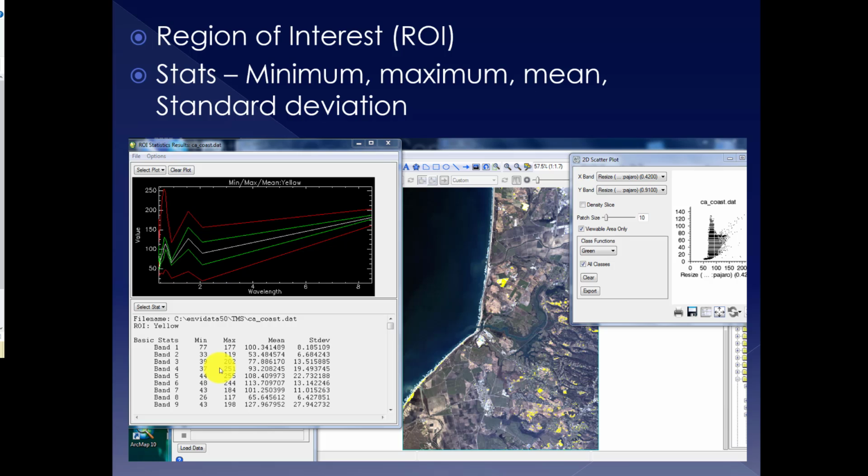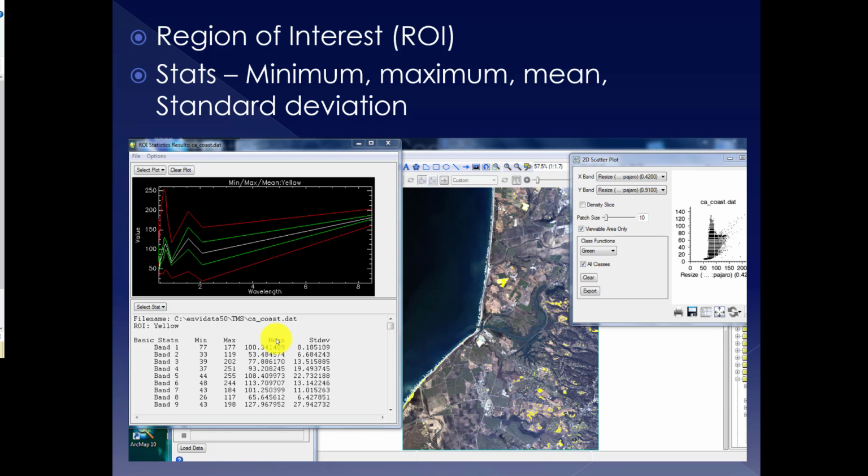If, for instance, you wanted to look for a band that is showing you a particular mean, you would need to know again how that information was collected, and that's your engineering specs of your satellite, which is very easy to Google, and I've provided some information for you in this week's module on the Landsat 8 specifications.